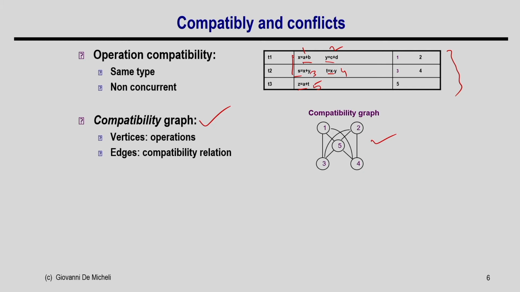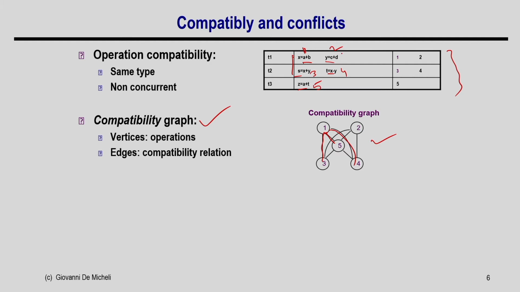So, for 1, operations 3, 4 and 5 are compatible, because they are not scheduled in time step 1. So, from 1 I have edges to 3, 4 and 5, but I do not have an edge from 1 to 2, because they run in parallel, right.